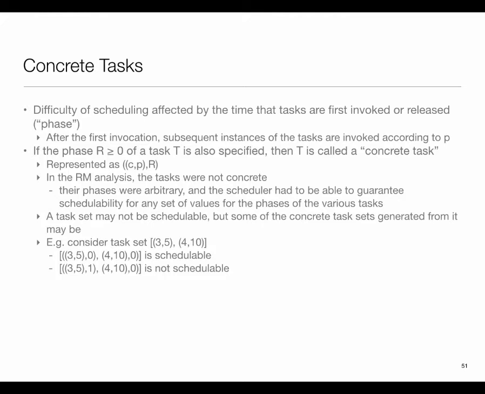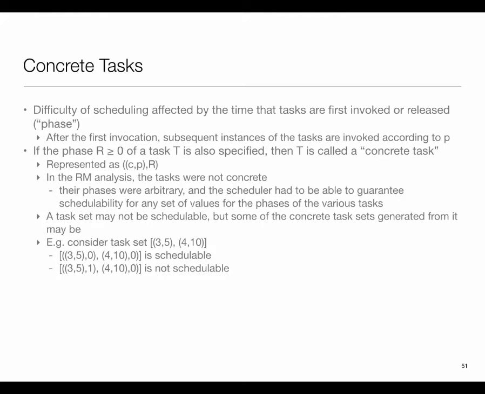So for example, let's say I have this task set where 3 is the computation time, 5 is the period. This one has 4 as the computation time, 10 as the period. If I look at this, then what I'm saying is you have to tell me whether this is schedulable or not, irrespective of whenever the first copy of this comes and whenever the first copy of this one comes.